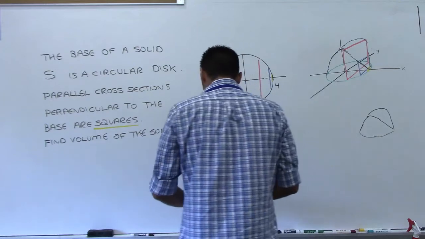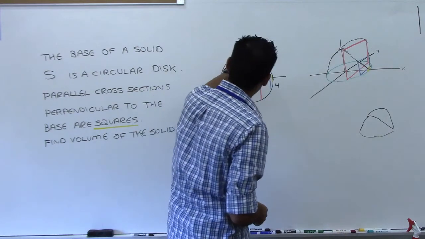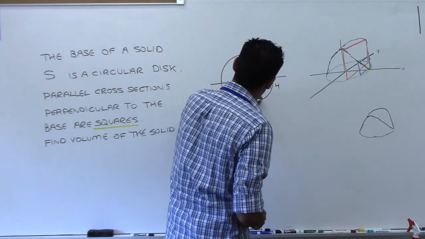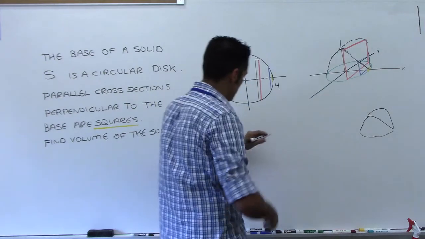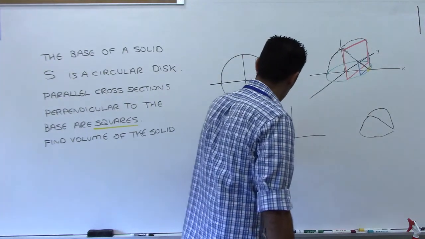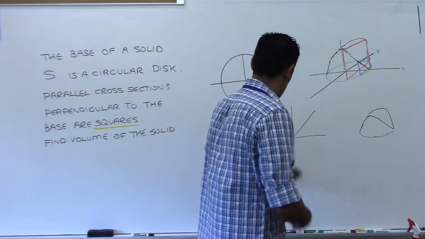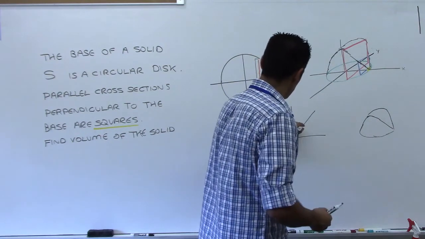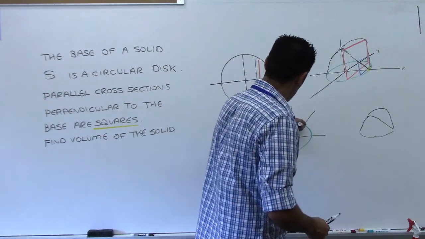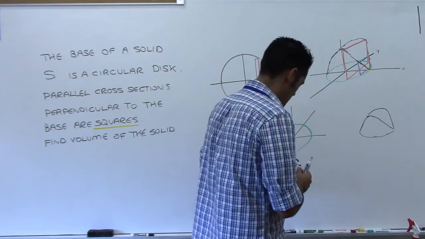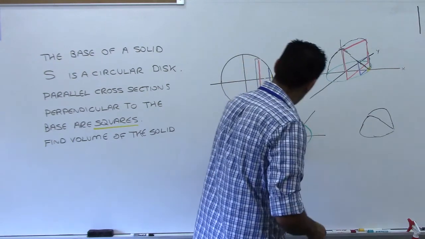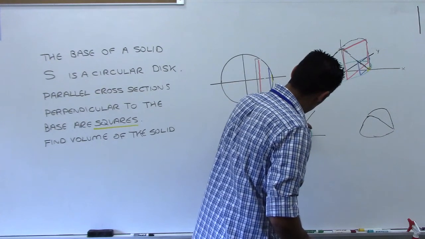So what we're going to do is what we've done before. We're going to take one of these arbitrary slices, and we're going to imagine that slice laying on the ground. Draw my little picture again. That slice laying on the ground looks like this.